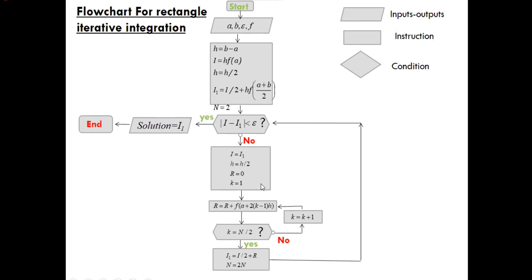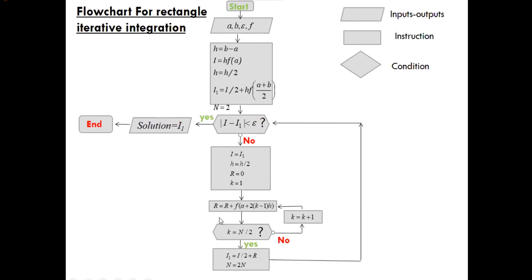Okay, so k equals 1 is like for the for loop. Now you make a for loop. I have to modify this diagram a little bit, and I will send you the diagram, because this k equals n over 2 must be up here.